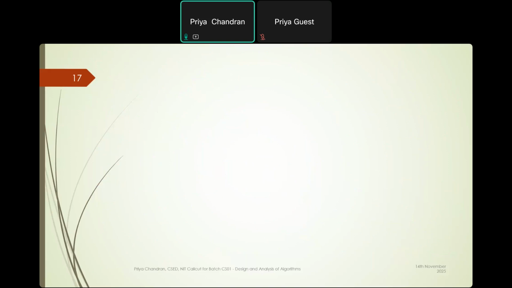Then we have to prove the reverse. We have to prove that G_F,K belonging to clique implies that F is satisfiable. How do we prove that?